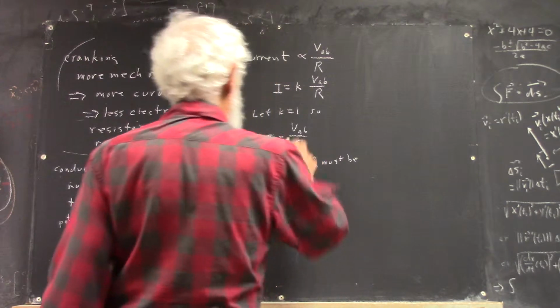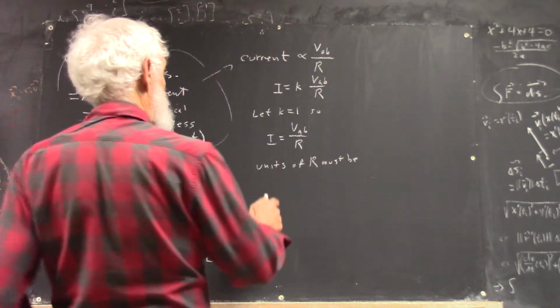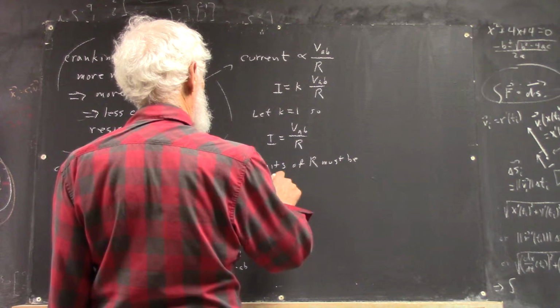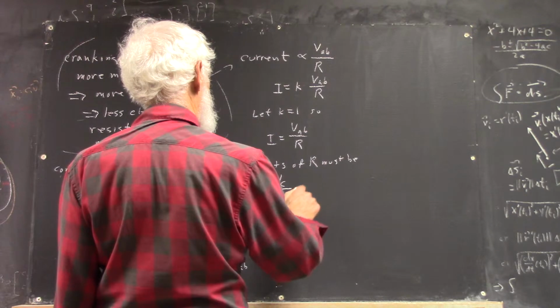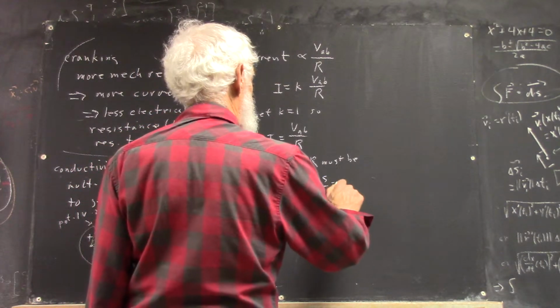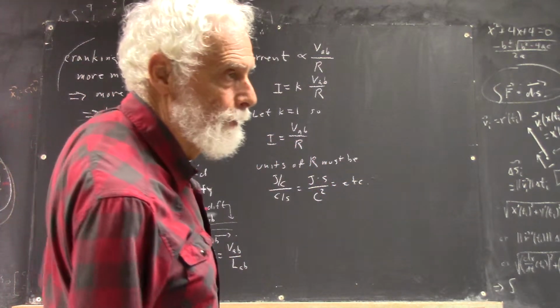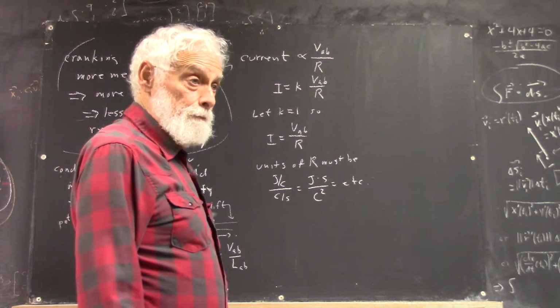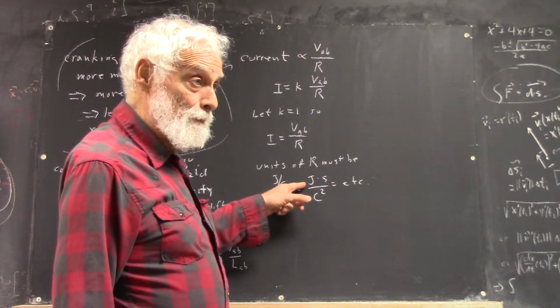Must be units of VAB over units of I, right? So that's joules per coulomb over coulombs per second, which is joule seconds per coulomb squared. And you can reduce that down to kilograms, meters, seconds, and coulombs, right? That's just a kilogram meter squared per second squared.